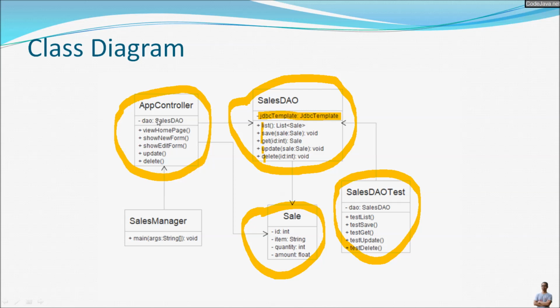And in this controller, it uses SalesDAO instance here. And to start our Spring Boot web application, we need to code the main class with main method to bootstrap Spring Boot application SalesManager. So these are the 5 classes we need to code in this project.